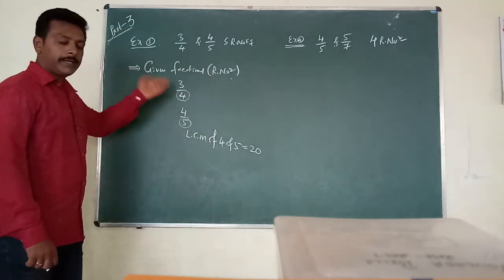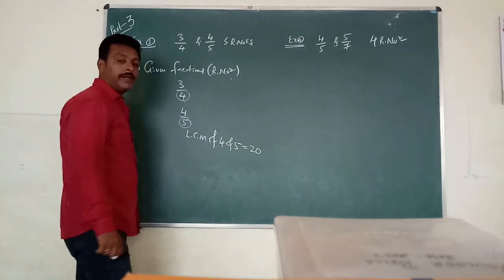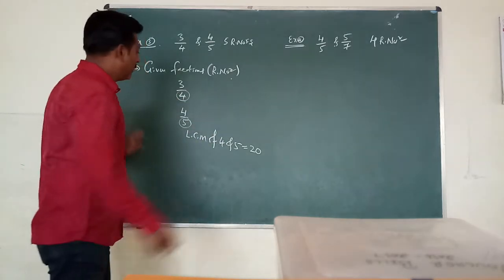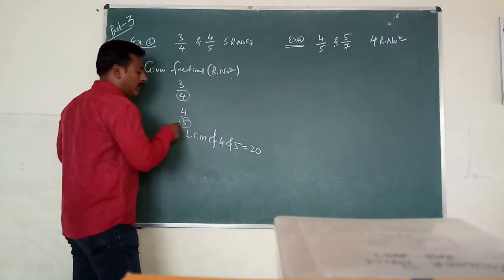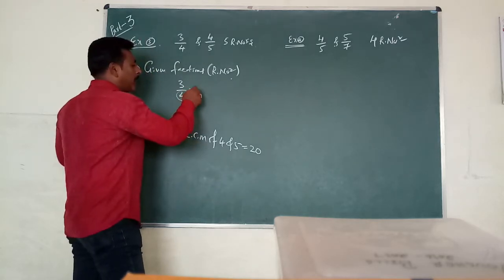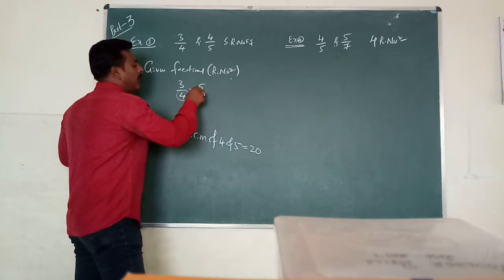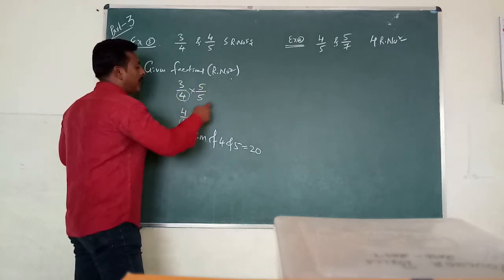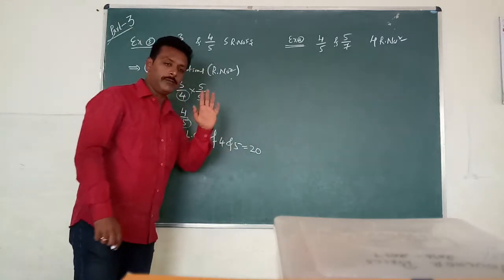Now, to get the LCM as 20, 4 times 5 is 20, and similarly 5 times 4 is 20. So you have to multiply both the numerator and denominator by 5 for the first number, then you will get the denominator as 20.